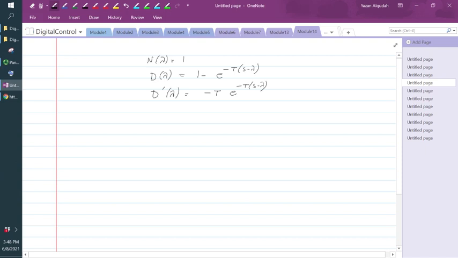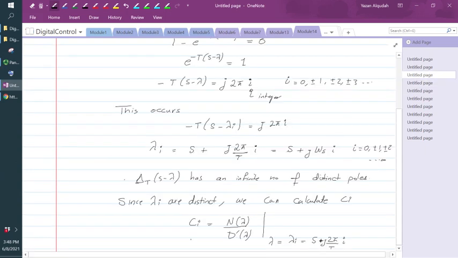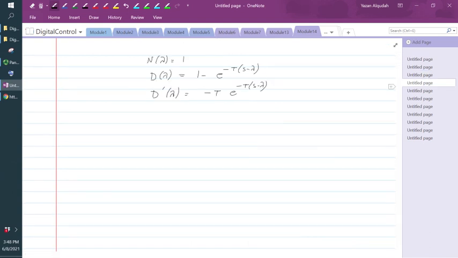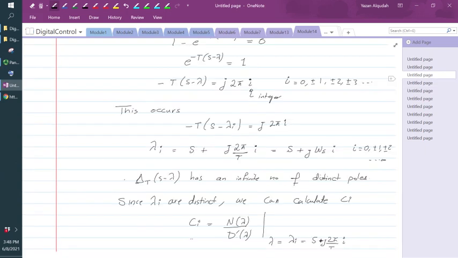Again, this comes directly from this to calculate the residues, and this assumes that n of lambda divided by d of lambda is equal to 1 over 1 minus e to negative t multiplied by s minus lambda. Okay. So therefore, let's calculate these values.